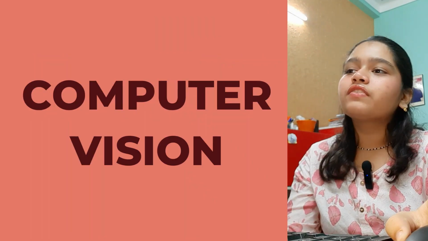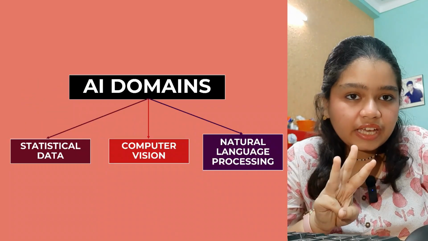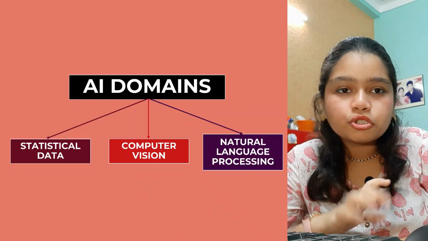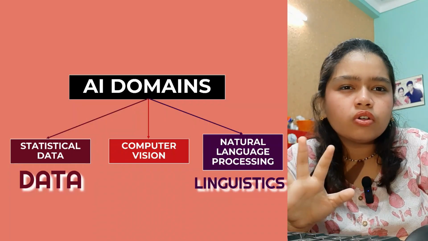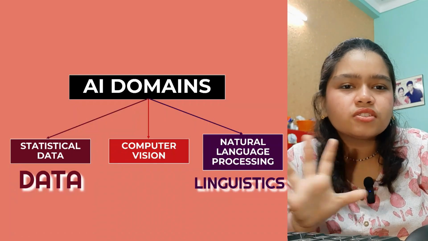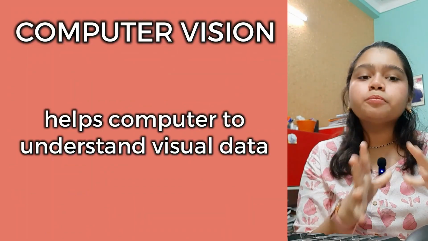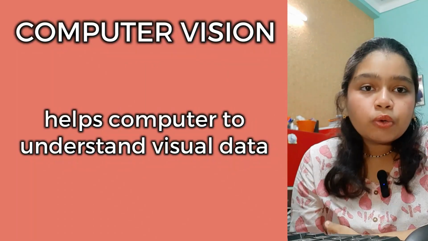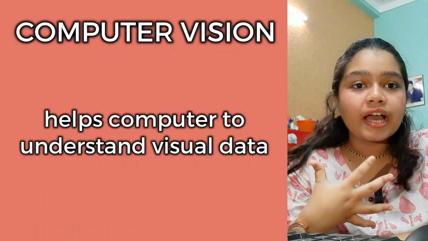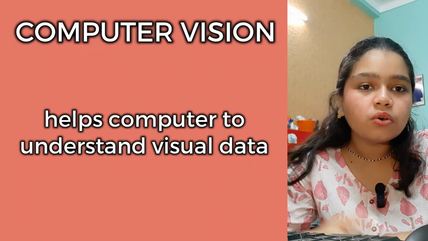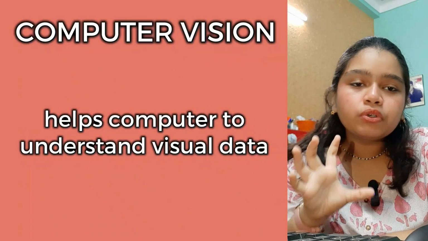The next part of the chapter is computer vision. We all know about the 3 domains of AI: statistics, which deals with data; NLP, natural language processing, which deals with detecting human language, studying it, understanding it; and computer vision, another domain in AI, which helps the AI model or computer to understand images, visual data, videos, graphics.